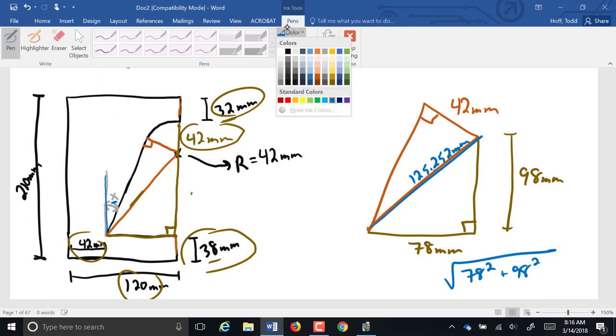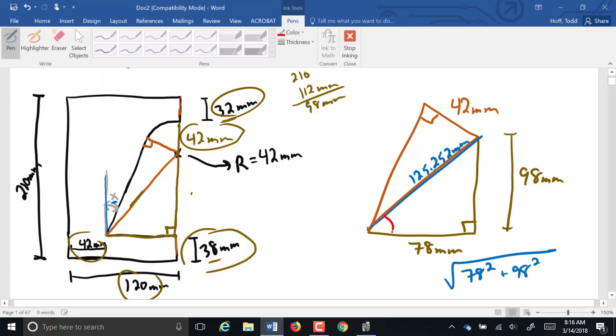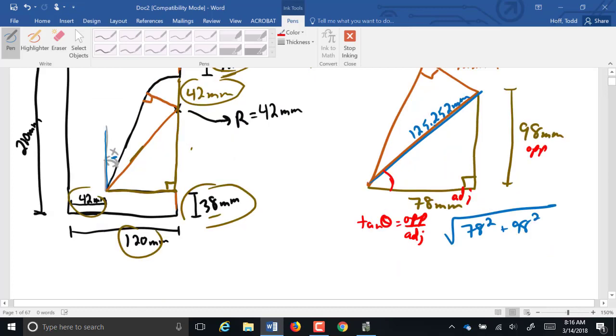The other thing we're going to find is this angle here. From that angle, we have the opposite and the adjacent sides, which is tangent. So do we know the angle? Nope, that's what we're looking for. We have the opposite side's 98 and the adjacent is 78.